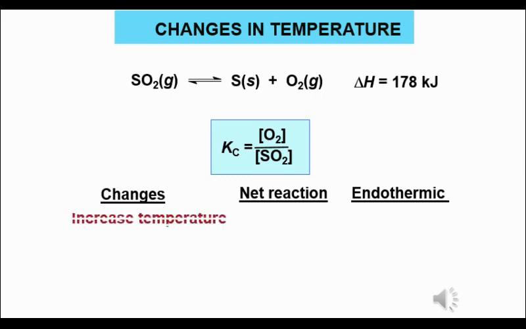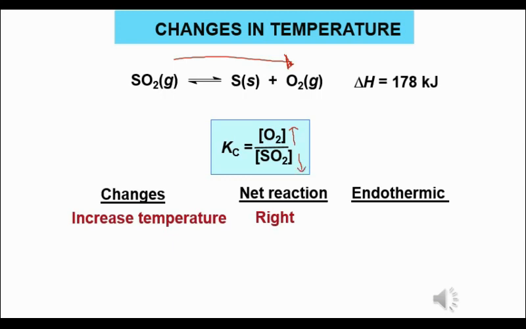In an endothermic reaction, if we increase the temperature, we already know that the equilibrium reaction will shift to the right. Increase in temperature in an endothermic reaction will shift the equilibrium position to the right. What does it mean? It means the concentration of product will increase and the concentration of the reactant will decrease.